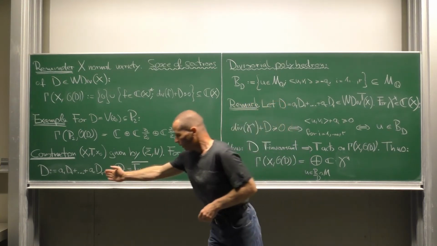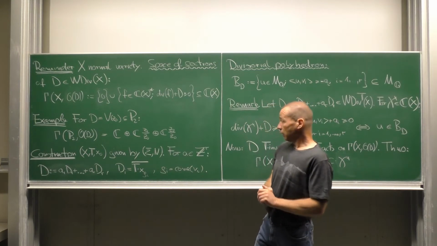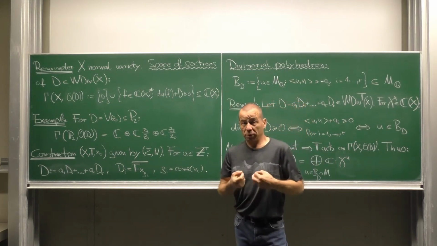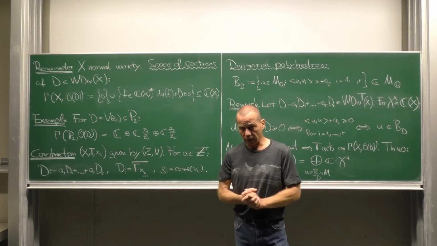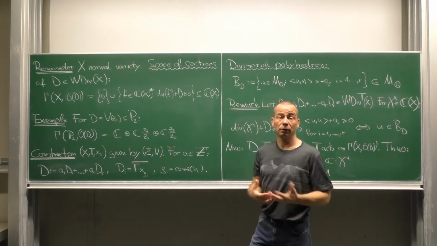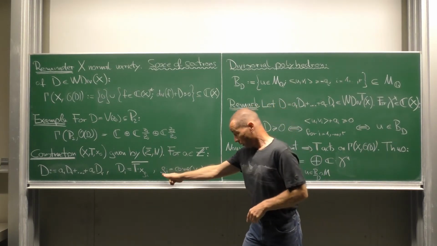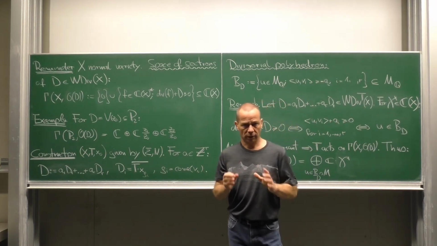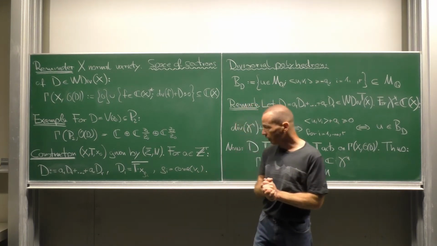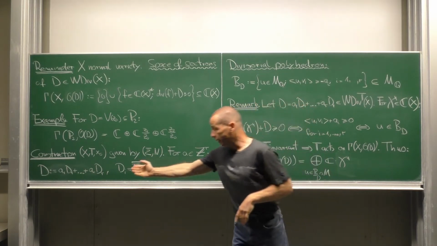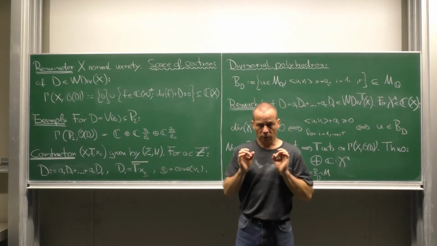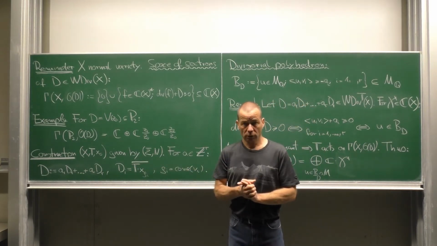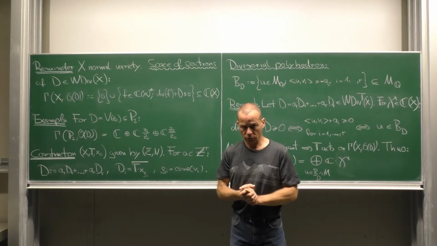Recall that the Di arise from the primitive generators Vi of the fan in the following way. Denote by rho i the cone generated by the i-th primitive generator Vi. Then Di is the closure of the corresponding torus orbit.